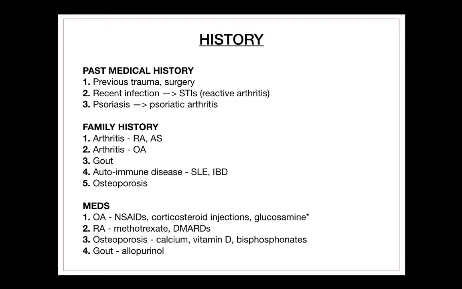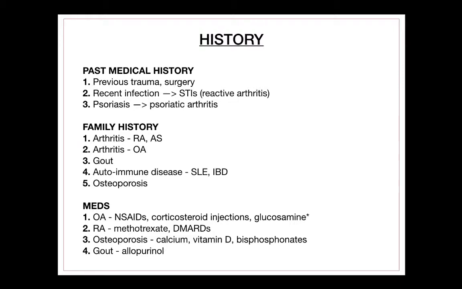Your family history: most common one, rheumatoid arthritis; AS is ankylosing spondylitis, another autoimmune arthritis, which has a genetic component. Osteoarthritis, I put it there, obviously you'll ask about it, but osteo doesn't really have a genetic component, so it's good to be aware if it does, but it's not really going to influence that much.